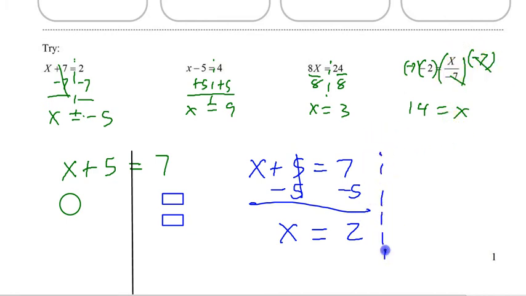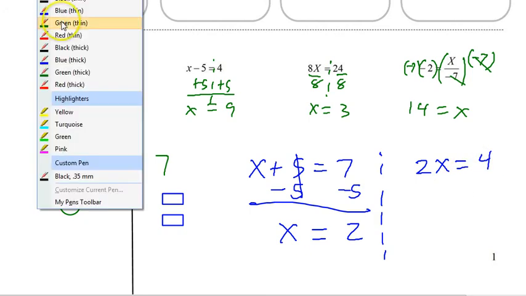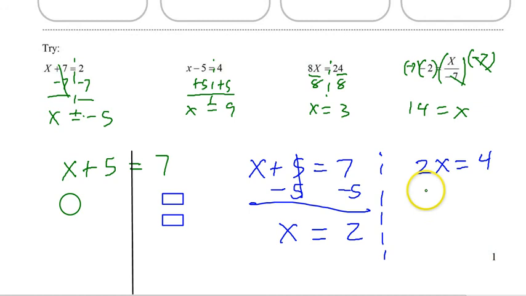Here, I'll show you one with multiplication. So if you have 2x equals 4. We'll do 4 because 24 is going to take a long time. Again, I'll use little green circles. So we have 2 of them, 1, 2.